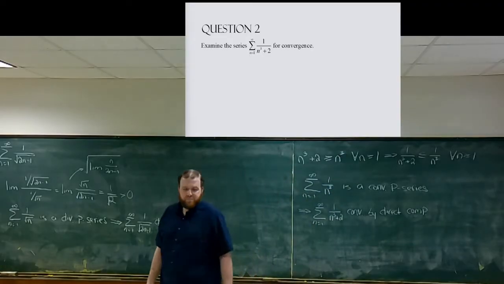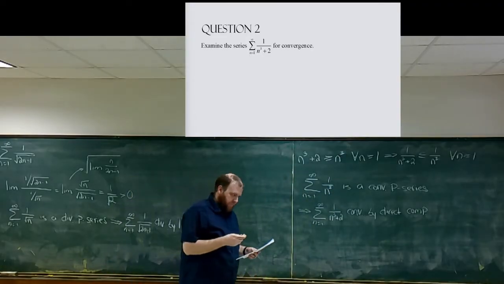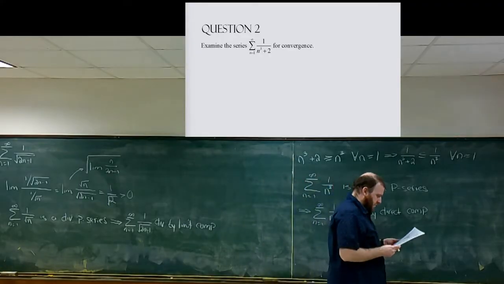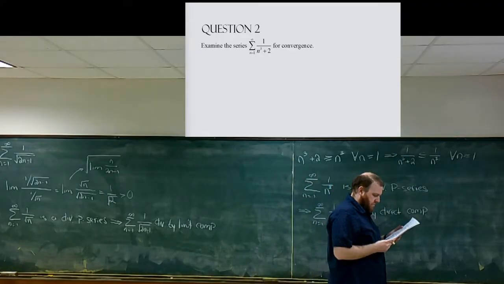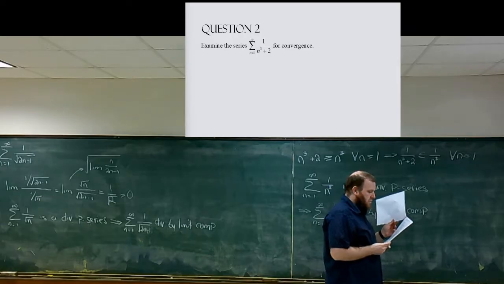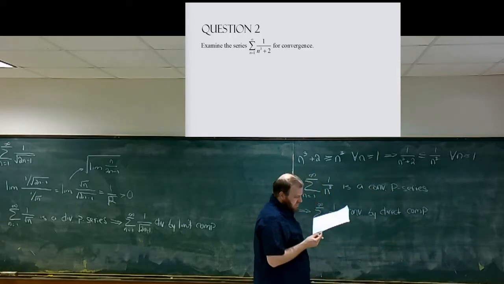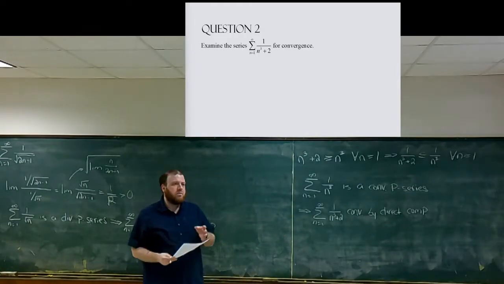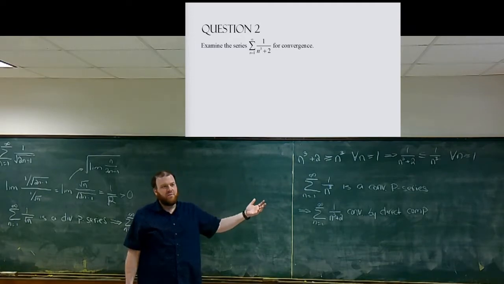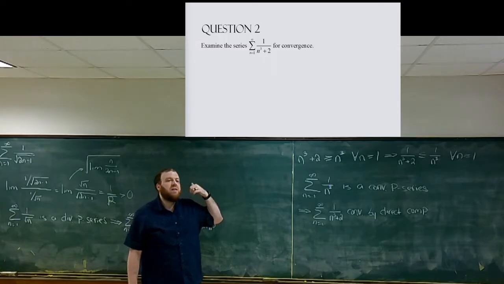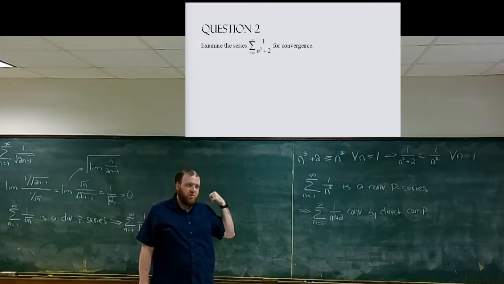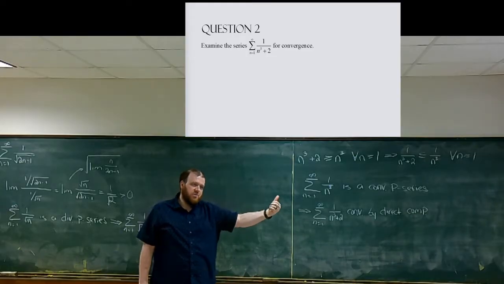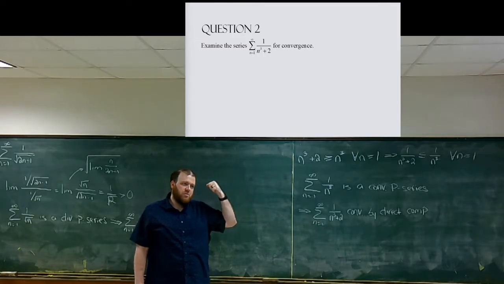So for direct comparison, it should say B sub n converges, then A sub n converges. Right, so direct comparison says if your larger series converges, your smaller series has to converge. If your smaller series diverges, then your larger series has to diverge.